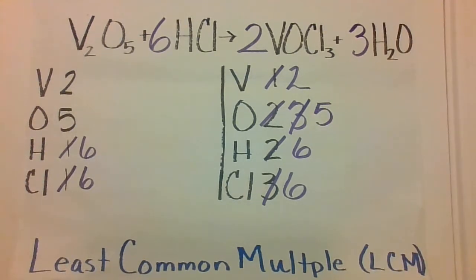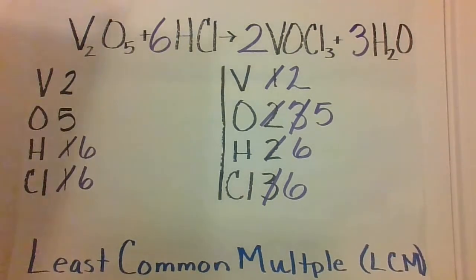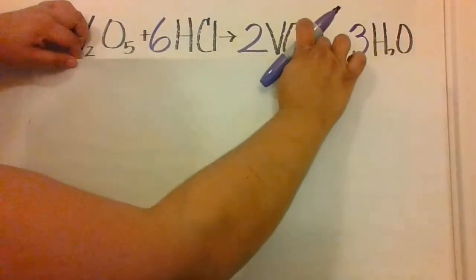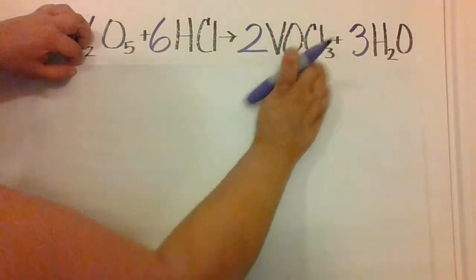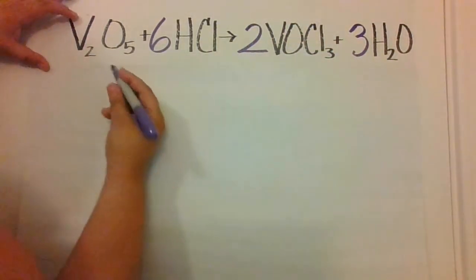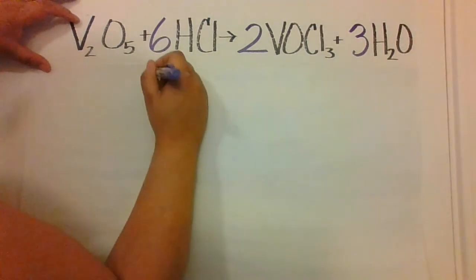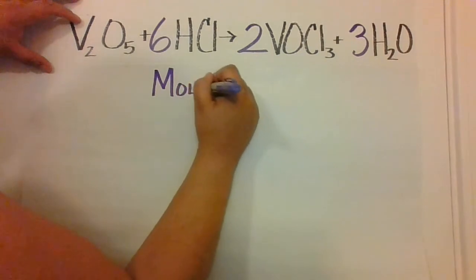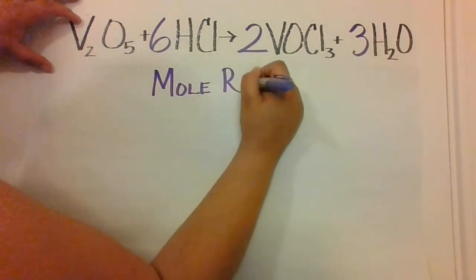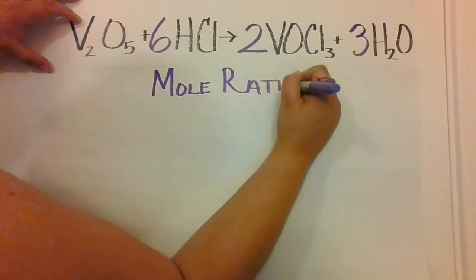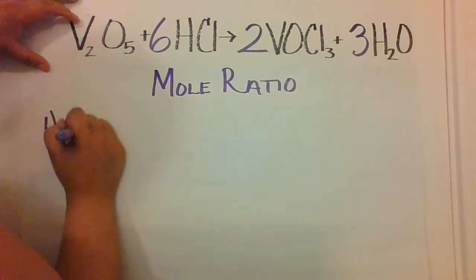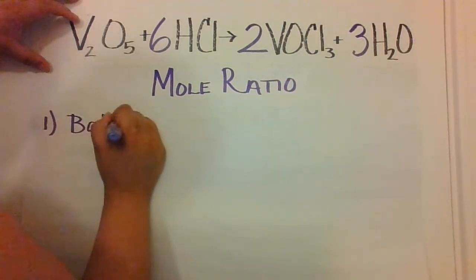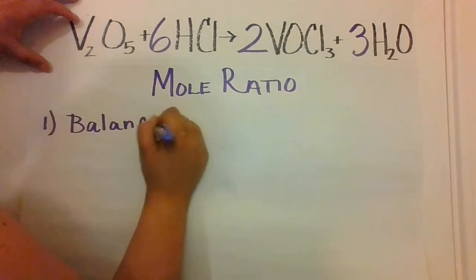Now, you may be asked, what is the mole ratio? So in order to do mole ratio, you would need to have a balanced equation. So mole ratio. Step one, is your equation balanced?